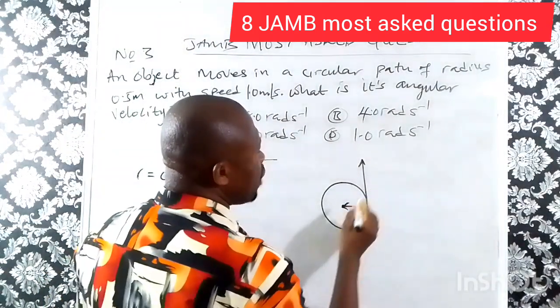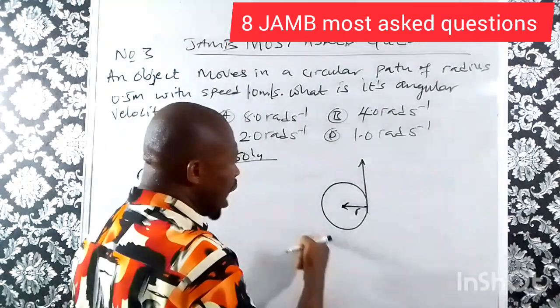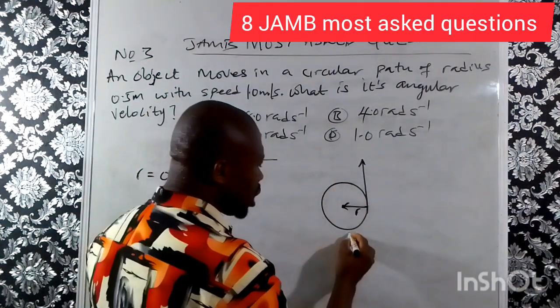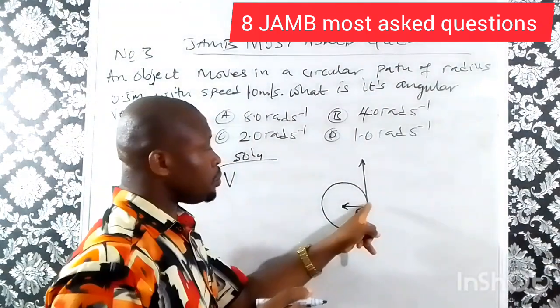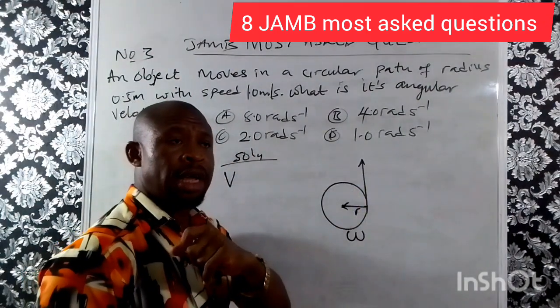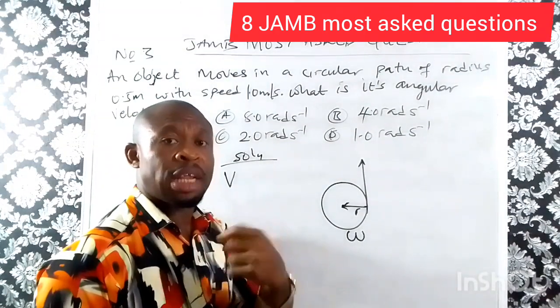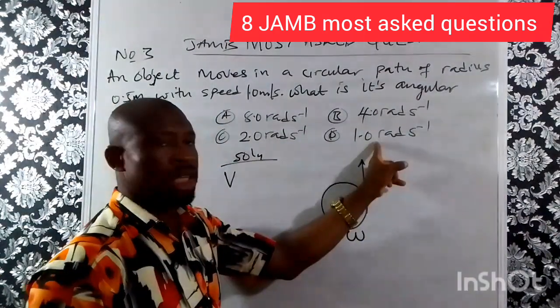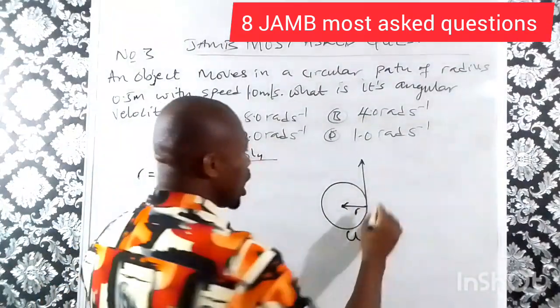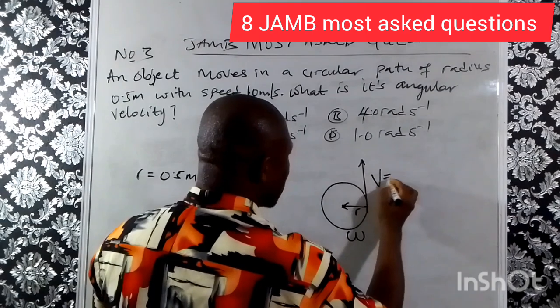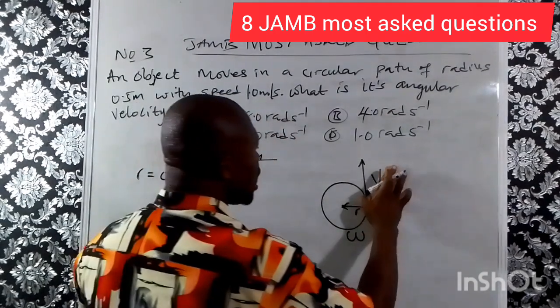Now if the object is moving along a circle, it has angular velocity. The moment the stone or the rope or the thread is cut, it moves in a straight line, along a tangent. At this point, we now have the linear speed.